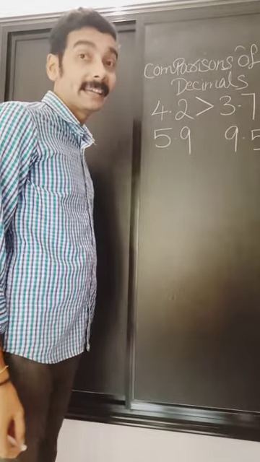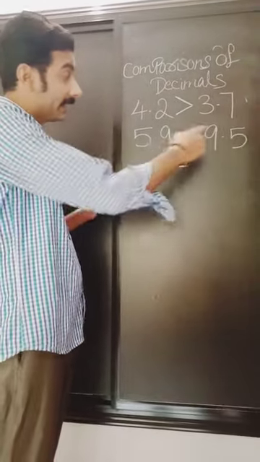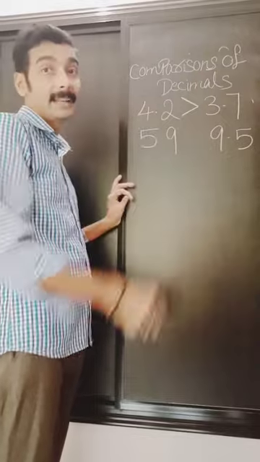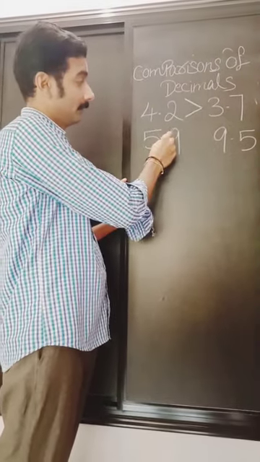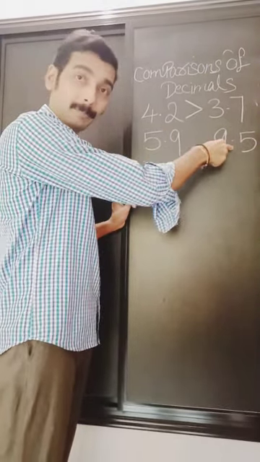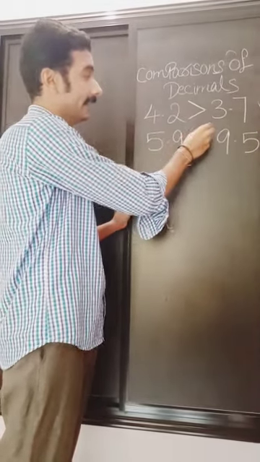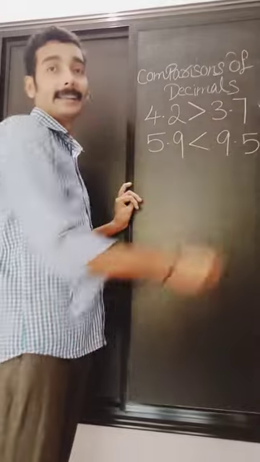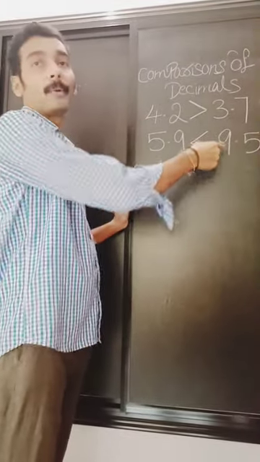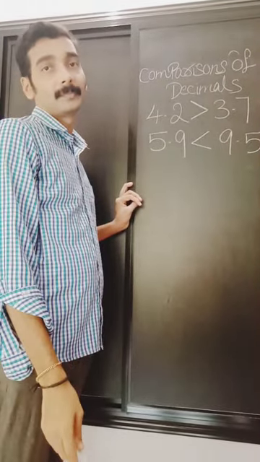Which one is greater? In the case of decimal, 9.5. But the symbol is 5.9 is less than 9.5. Clear?